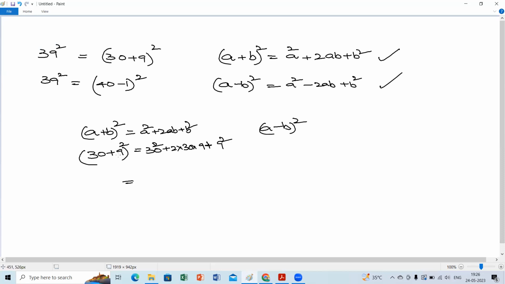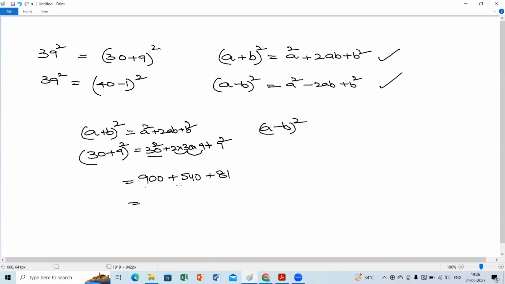Just replacing the values in place of A and B. 30 square is 900. 2 into 30 into 9 is 540. 9 square is 81.